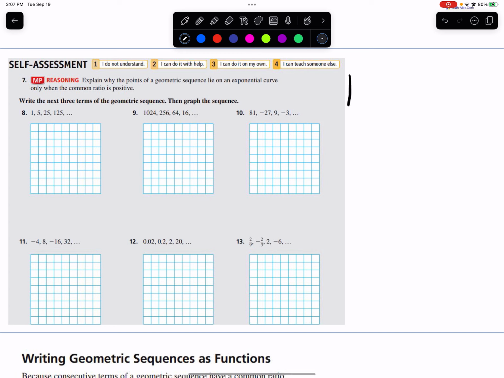So I'm going to have a graph that looks something like this, which is not an exponential curve, because if I have a negative common ratio, then my signs are changing each term.